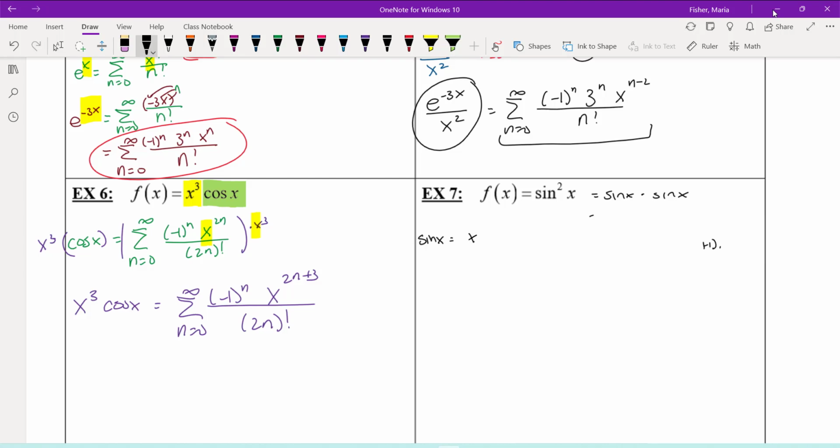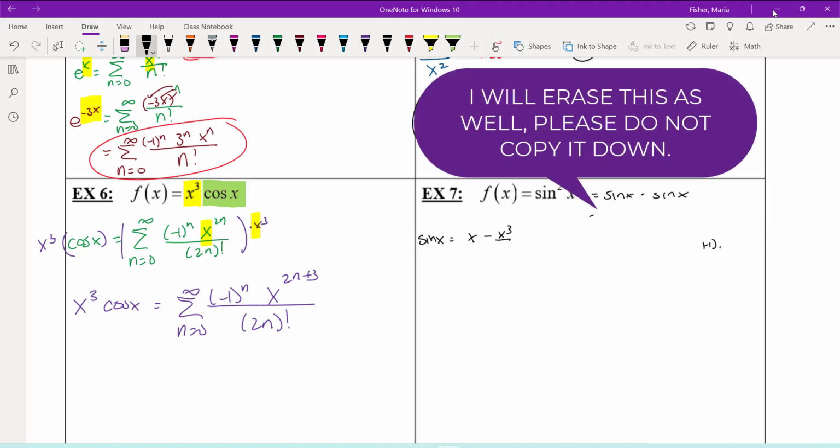It's equal to x minus x cubed over 3 factorial plus x to the 5th over 5 factorial minus x to the 7th over 7 factorial plus x to the 9th over 9 factorial. And then if you wanted to square it, you'd have to take this guy and multiply it by itself, and that would be x, and then x cubed over 3 factorial plus x to the 5th over 5 factorial minus x to the 7th over 7 factorial plus x to the 9th over 9 factorial.